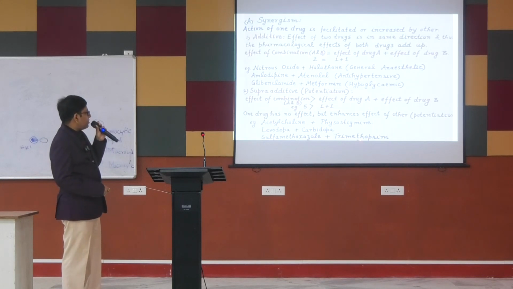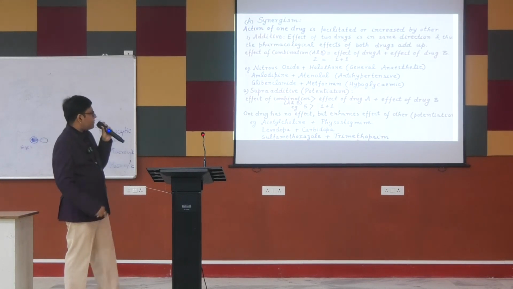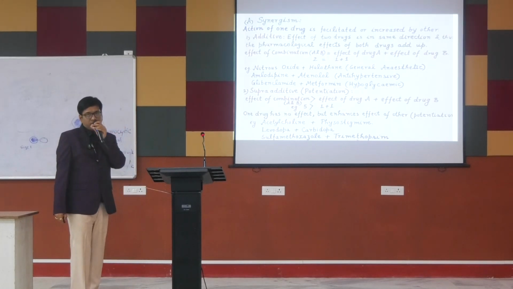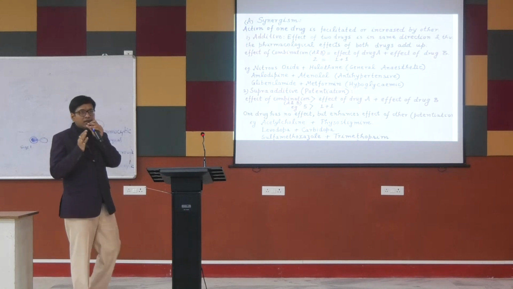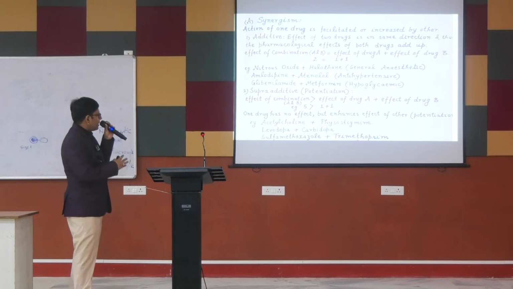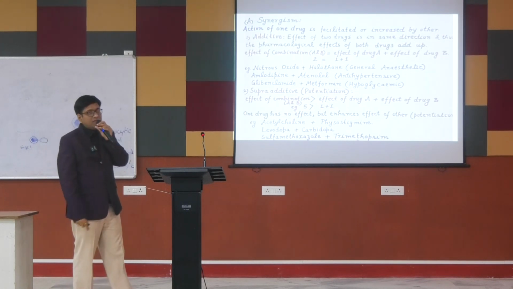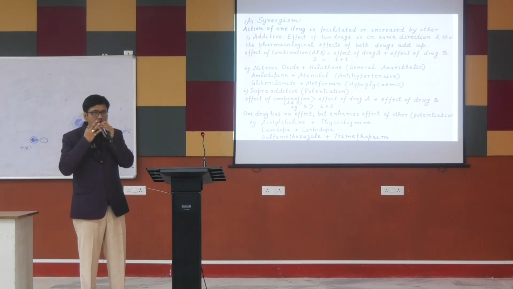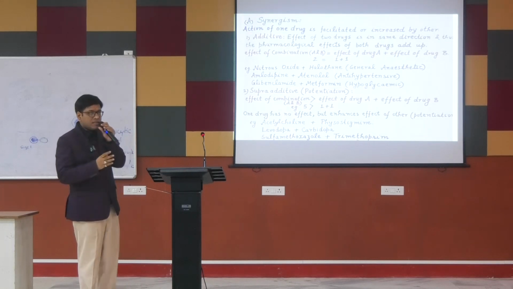If you give only trimethoprim, whatever effect there is, if you give only sulfamethoxazole, whatever effect there is, if you give them together, their effect is much more, because one helps the other in various ways. When you study antibiotics, you will have this topic, sulfamethoxazole trimethoprim combination. How this combination has a very good effect, how one drug helps the other. But this is an example.